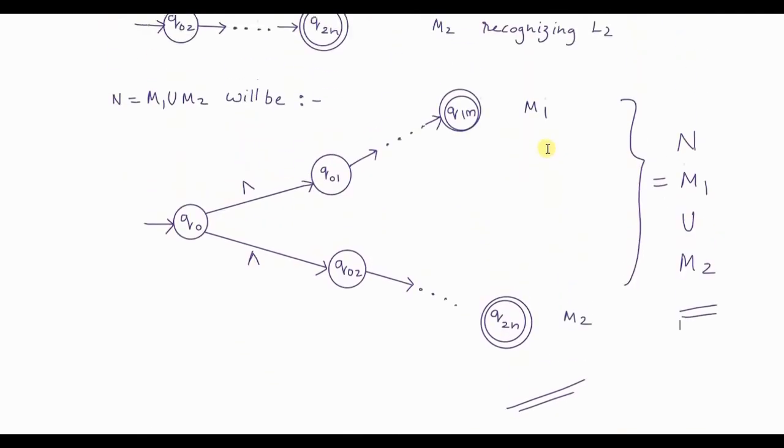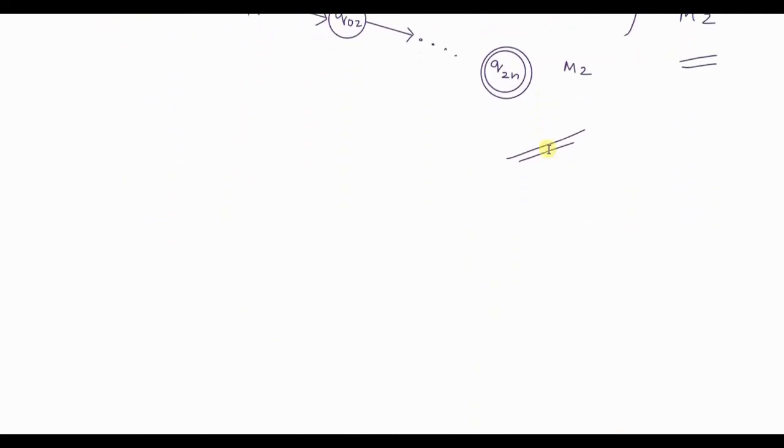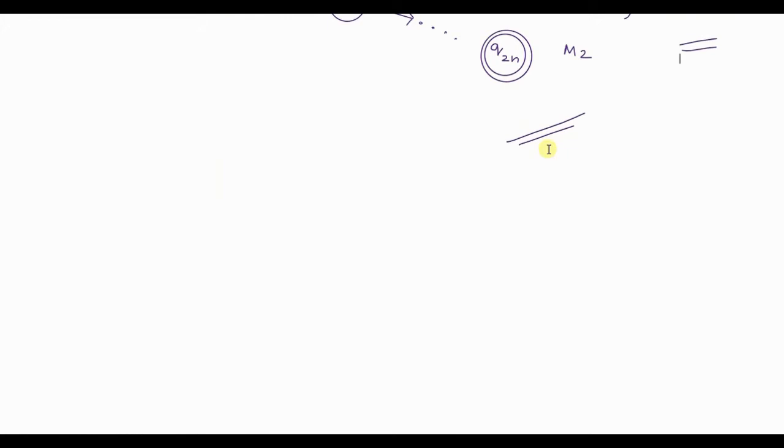Okay, so finally what we can say, once we have drawn this, I will end the proof now. Since a finite automata for L1 and L2 is possible, since a finite automata for L1 union L2 is possible, therefore L1 union L2 has to be a regular language.